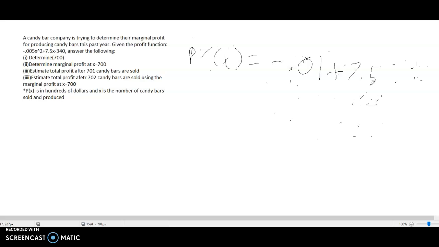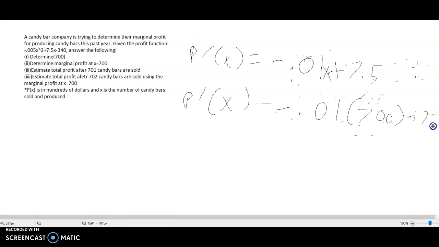Now to find the value at x equals 700, we have to input it into the derivative function. So P prime of x equals negative 0.01 times 700 plus 7.5.